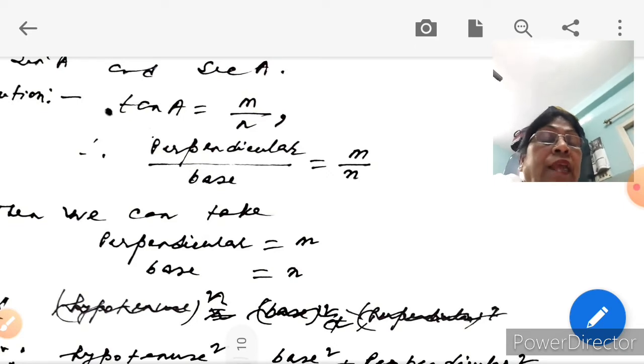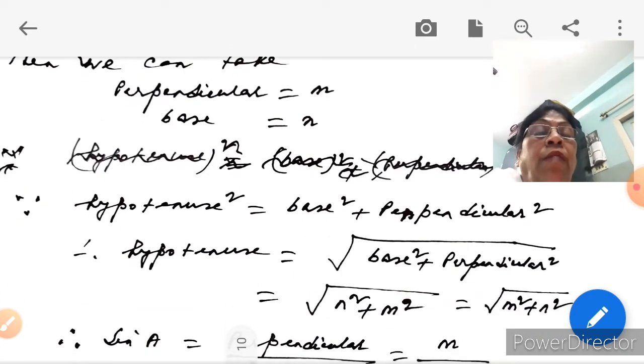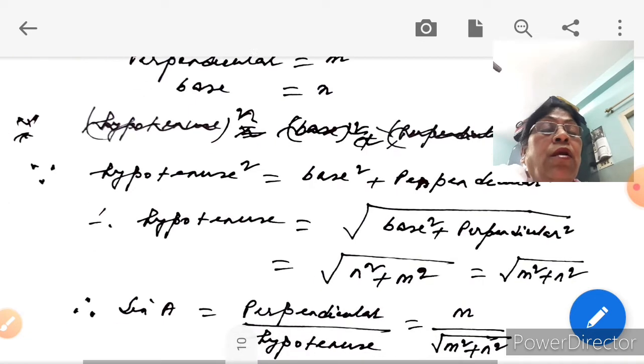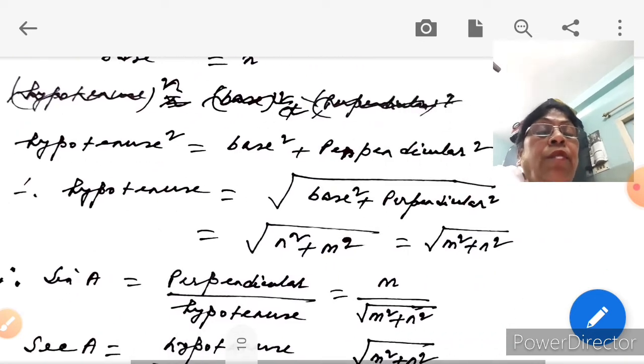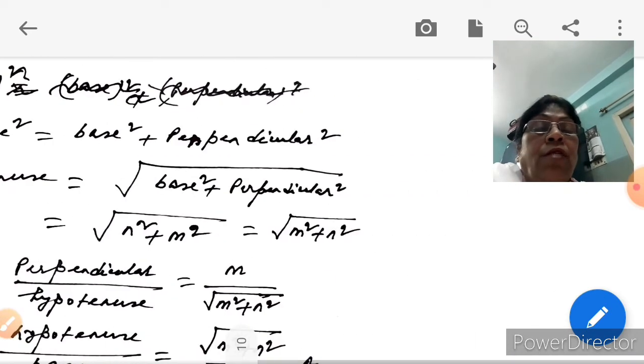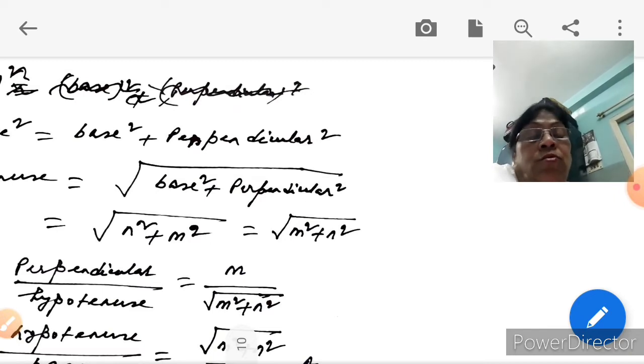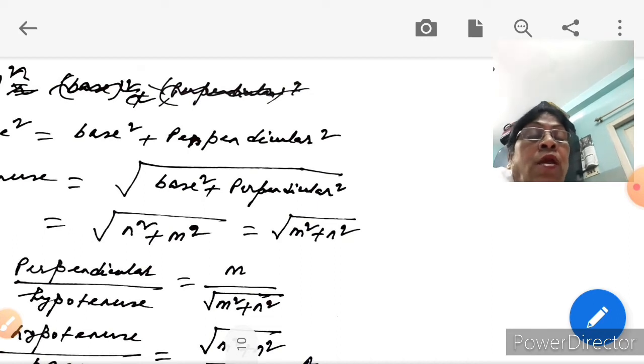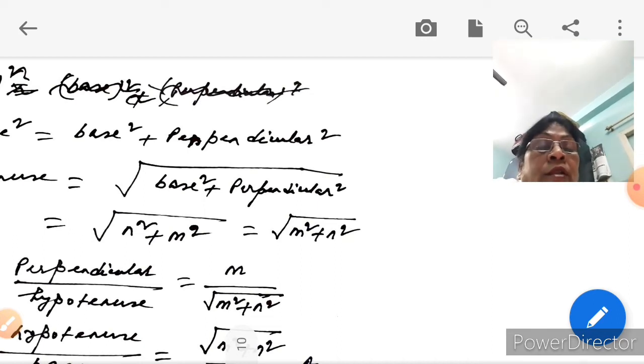Now, we can take perpendicular is equal to m, base is equal to n. We know by Pythagoras theorem, hypotenuse square is equal to base square plus perpendicular square. Therefore, hypotenuse is equal to root over n square plus m square, or we can also write root over m square plus n square.